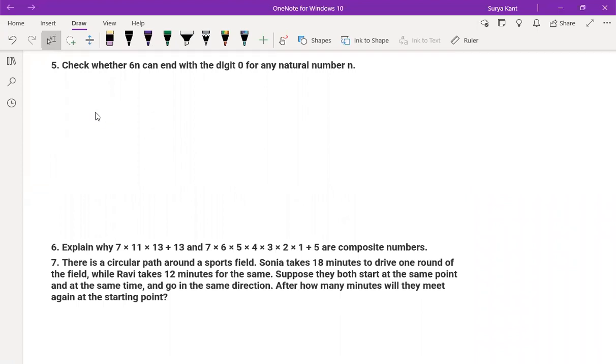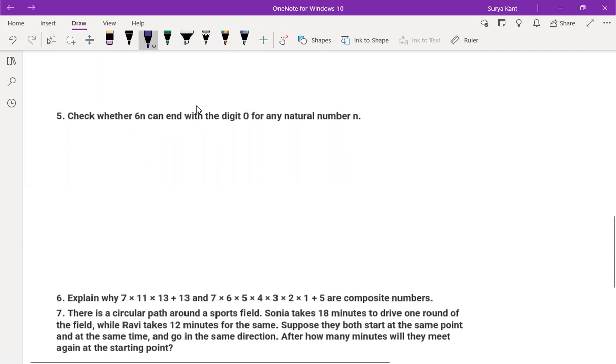To get 0, we must get 2 into 5, then only 10 will come. It should come in the form of 2 into 5 only. So 6 to the power n cannot end with digit 0.